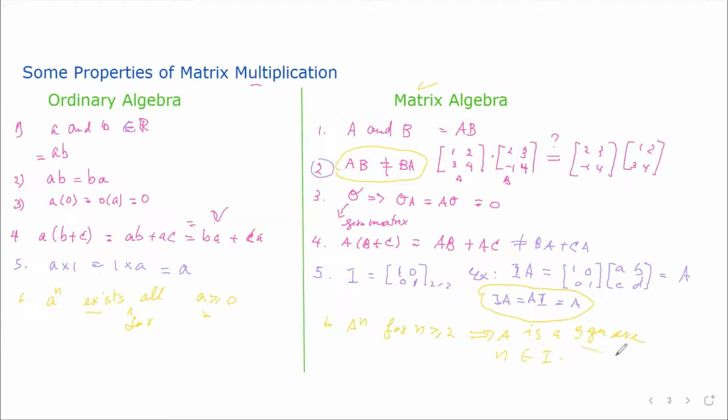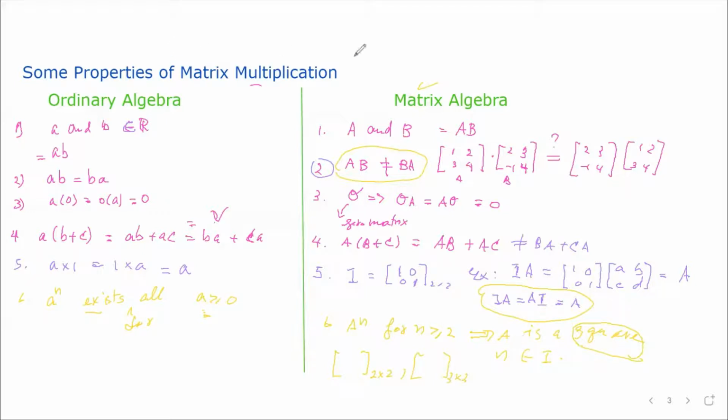A square matrix, what is the meaning of square matrix? A square matrix is like a 2 by 2, or 3 by 3, right? 3 by 3 means 3 rows, 3 columns. 4 by 4, 4 rows, 4 columns. So we call this a square matrix.